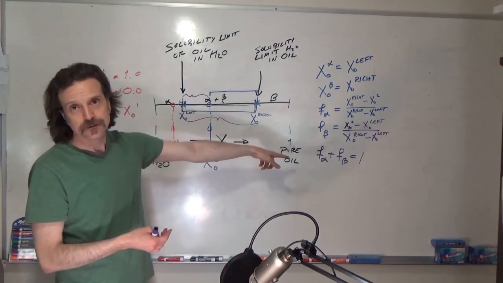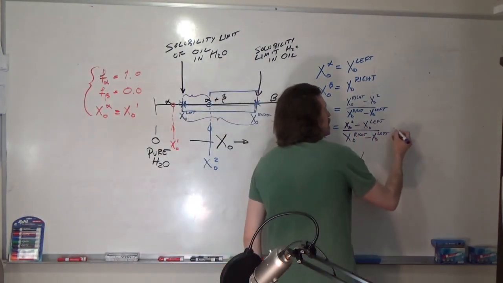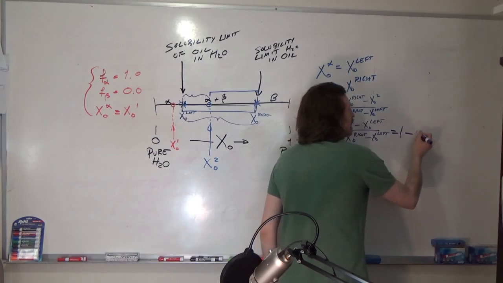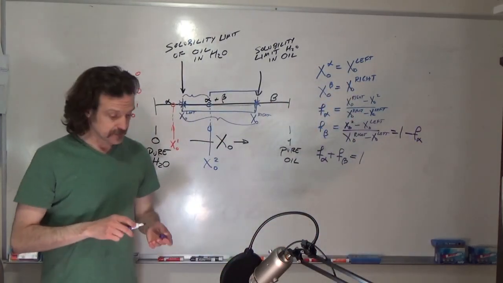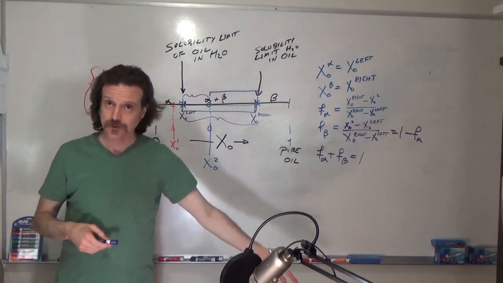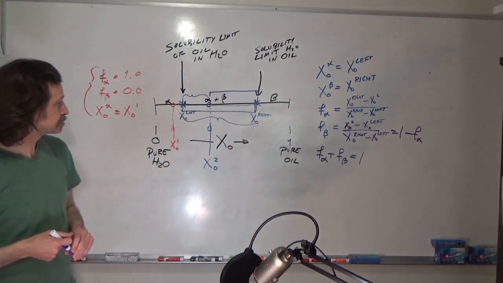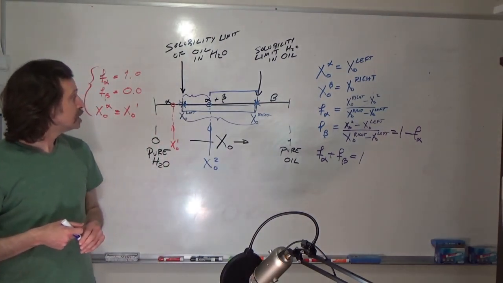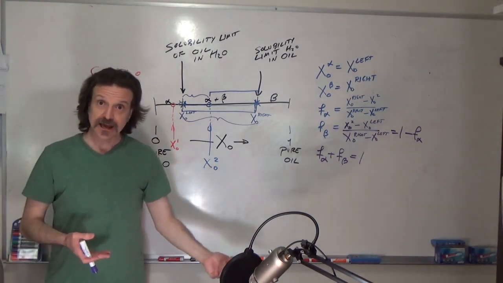So these have to be equal, which means we could also write f beta is equal to 1 minus f alpha. And that is something that on a quiz or a homework assignment is going to be a lot easier and a lot faster. So this is the basics of reading a binary phase diagram.